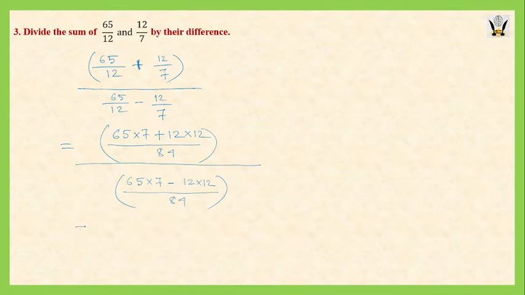Now if we further simplify, let's write here. So it will be 65 multiplied by 7, so that value will come as 455, and then with that we will be adding 144, and the denominator is 84.